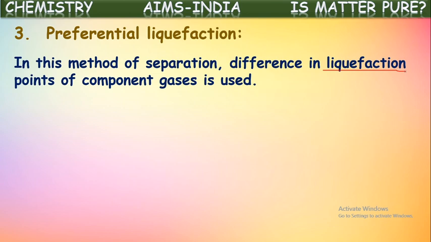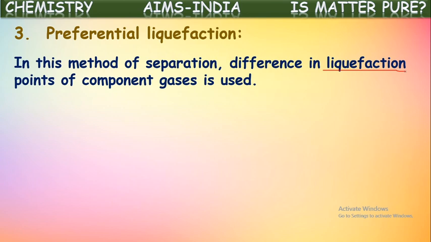On cooling, it converts into liquid form. That is the slight difference between liquefaction and condensation. In condensation, the original state of the substance is liquid, whereas in liquefaction, the original state of the component is gaseous. But both are conversion of gas into liquid only.